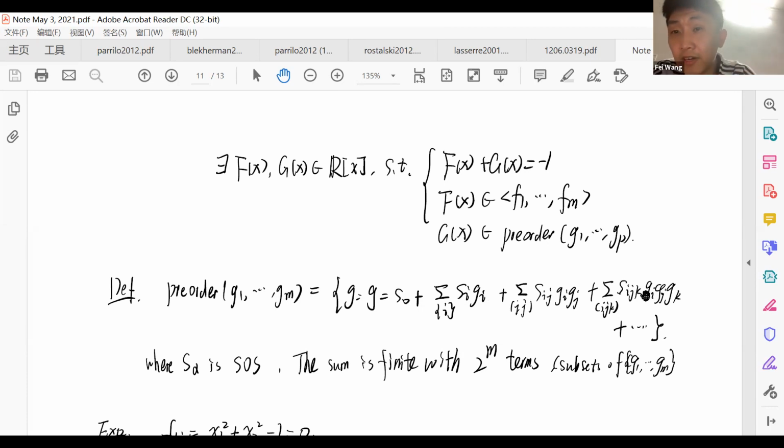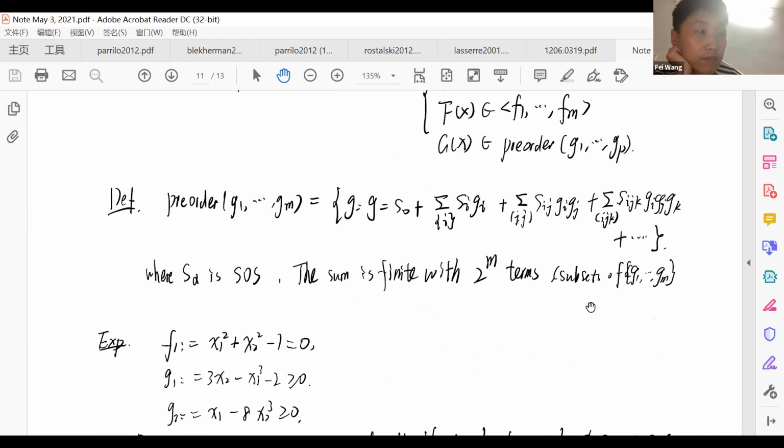So the degree is very large. That means our sum of squares SDP has a very large size. In practice this is not good. We don't want our problem to be too big.